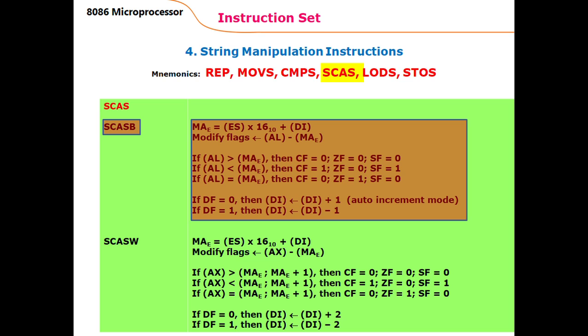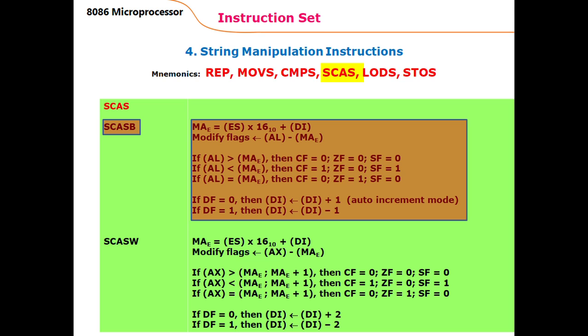And to do that, the physical address needs to be calculated first, and the physical address is calculated by taking the 16-bit number from the extra segment register that is left shifted by 1 hexadecimal digit to make it 20-bit, and then the offset address, which is taken from the DI register, is added with it to get a 20-bit physical address of the memory location.